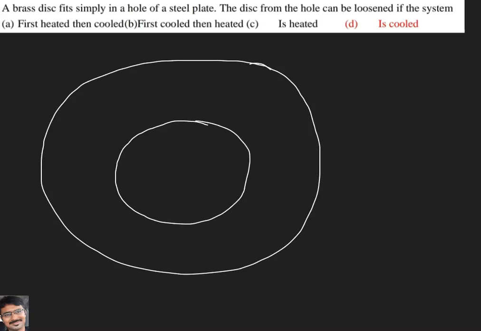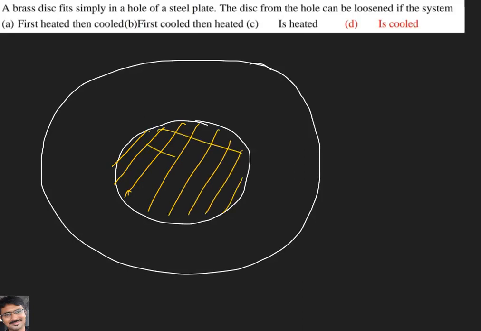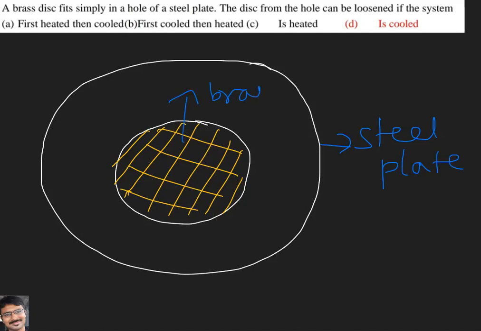And inside this hole, what is there? A brass disc is there. This is the steel plate, and inside we have the brass disc.